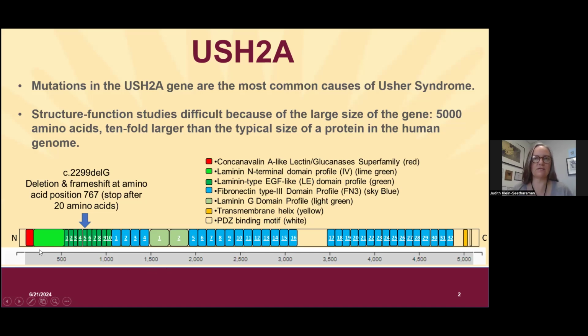And so this is really, really important feature of this mutation because it now fundamentally changes the function of this protein.